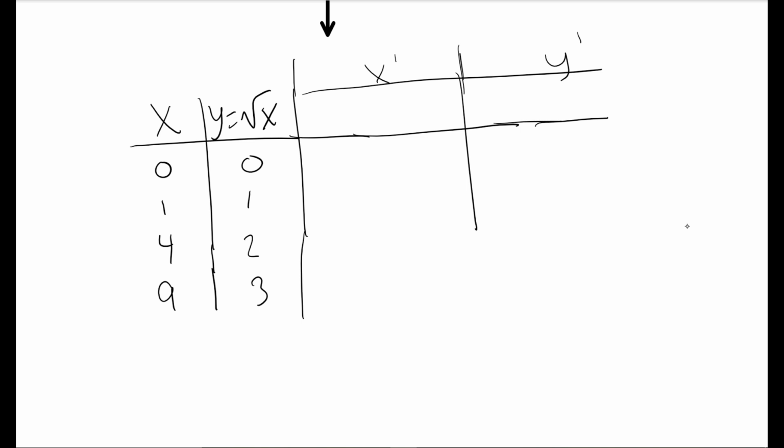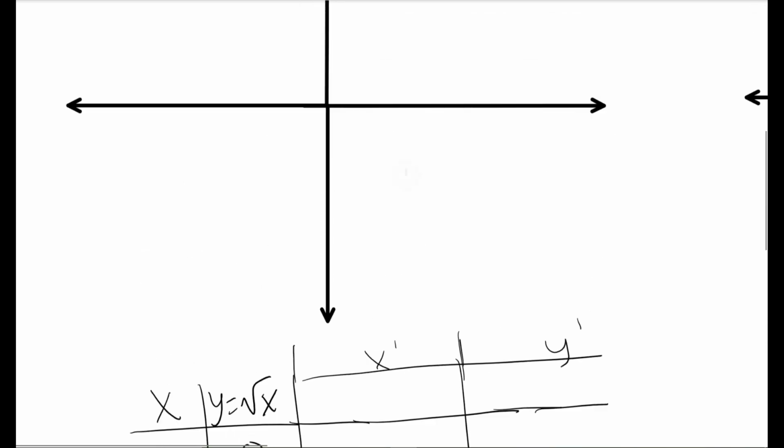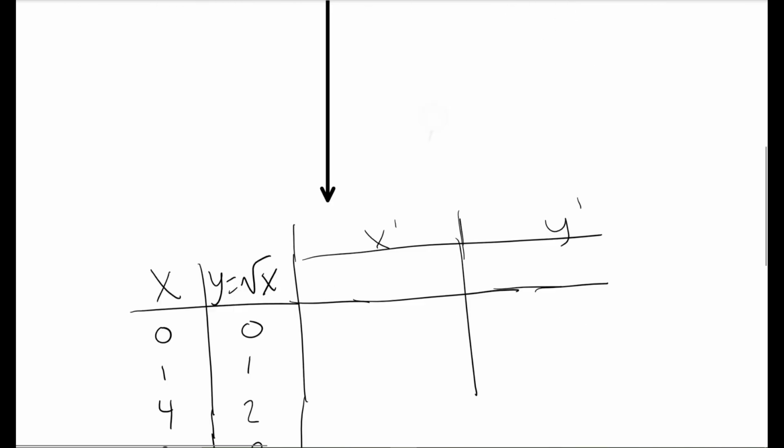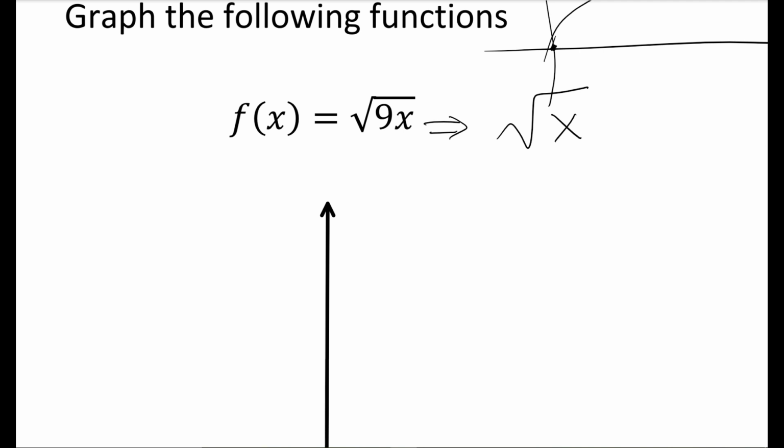Okay. Now we know that the function is not square root of x; it's actually square root of 9x. So how do I account for that? What we know here is that whatever the x is, we're multiplying it by 9, right? So we're going to put that in our transformation. If it is an x transformation, and this is an x transformation because it's multiplying the x directly, I'm going to set that equal to x and solve.